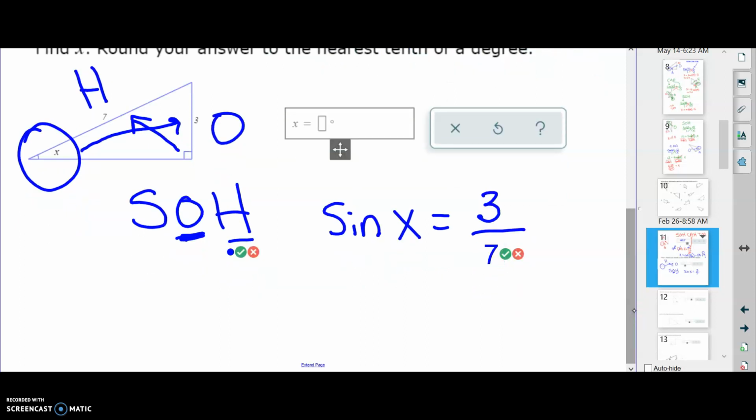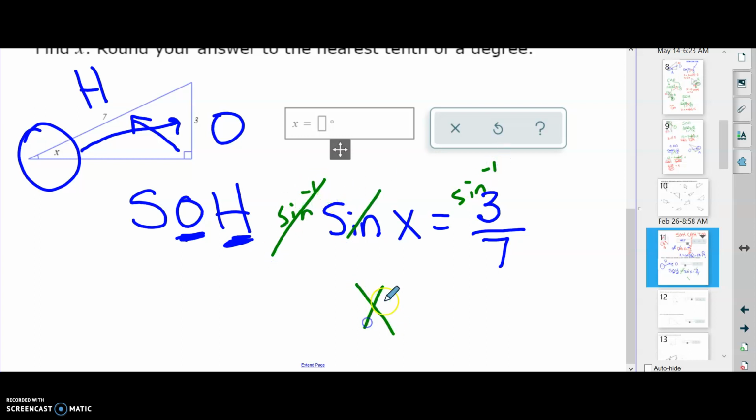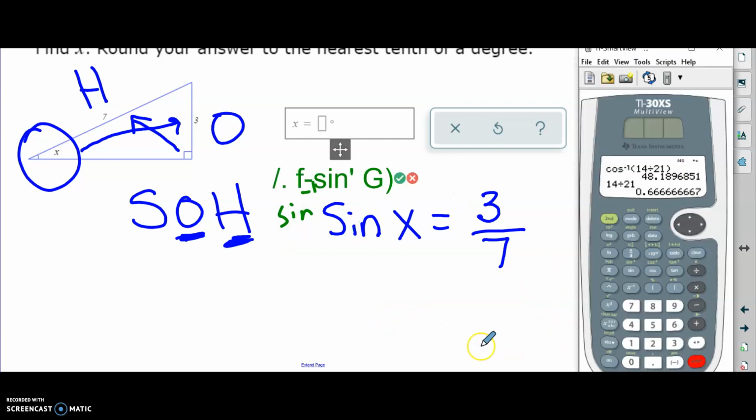And now this is where we then type in on our calculator. All right, so it'll be inverse sine. So those cancel. So the x will be all by itself. So we'll do inverse sine and then 3 divided by 7 on our calculator.